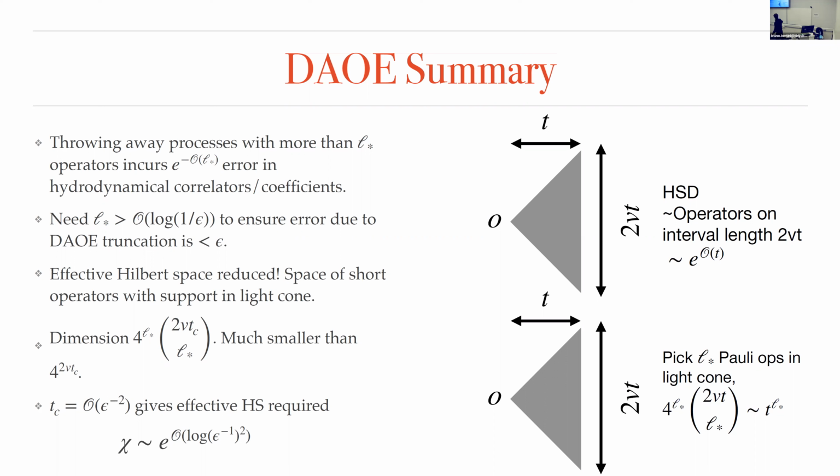So if you put together, first of all, our requirement that we only need to really go to a time that scales like 1 over epsilon squared, and we need L star to be order log 1 over epsilon. If you put these two estimates together and ask, how much memory do we need? You set T to be order 1 over epsilon squared, and you set L star to be log 1 over epsilon.